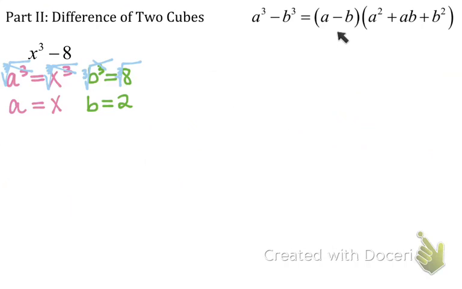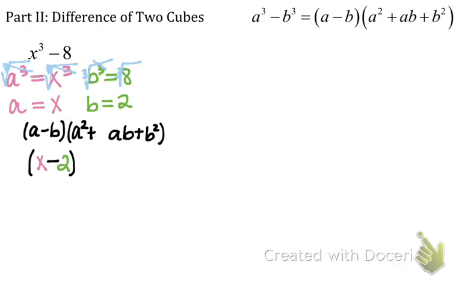Now, in our general formula, wherever there is an a, we'll plug in x, and wherever there is a b, we will plug in 2. So our general formula, we have a minus b times the quantity of a squared plus ab plus b squared. Make sure you pay close attention to which signs you're putting in between all of these terms.